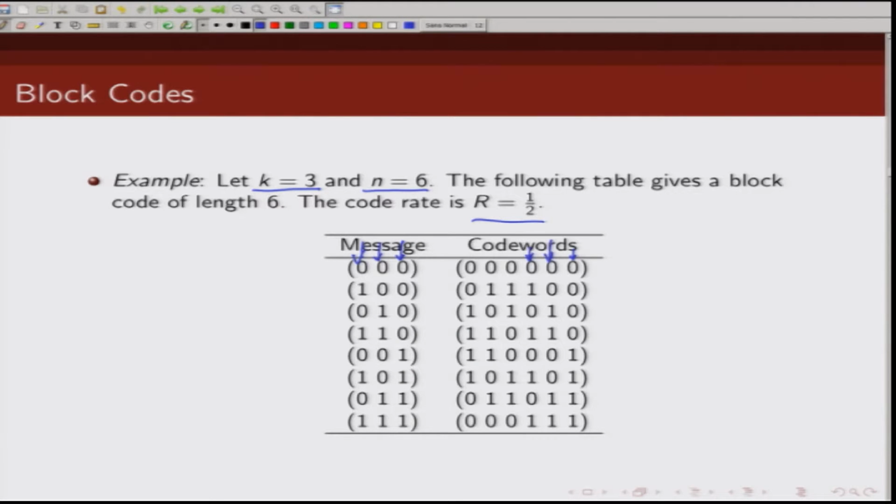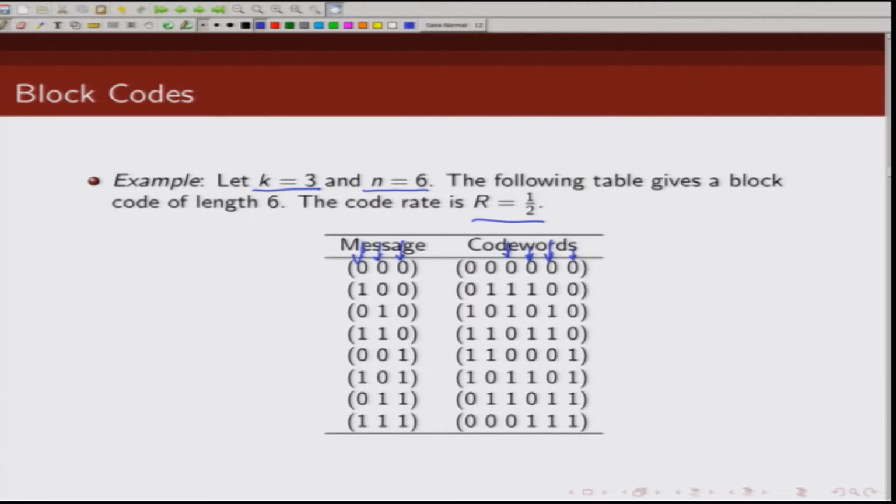So in other words, this bit of the code word is same as this bit of the information sequence, this bit of the code word is same as this bit of the information sequence, this bit of the code word is same as this bit of the information sequence.